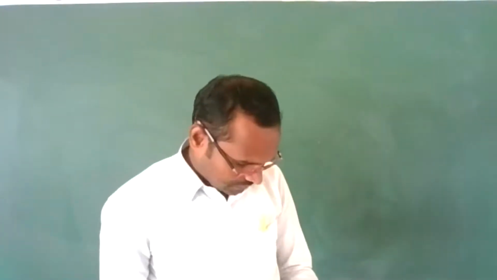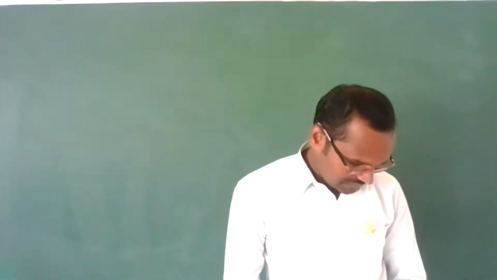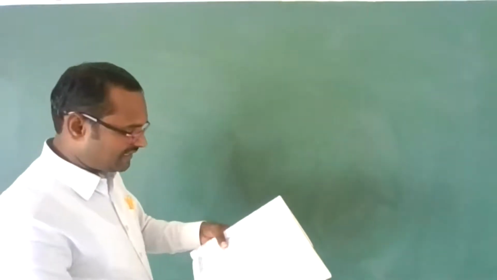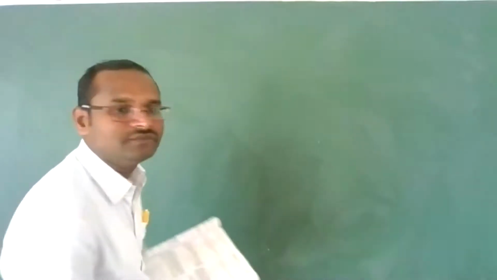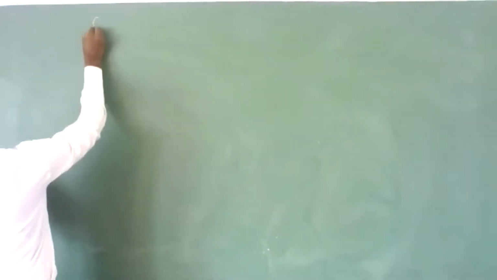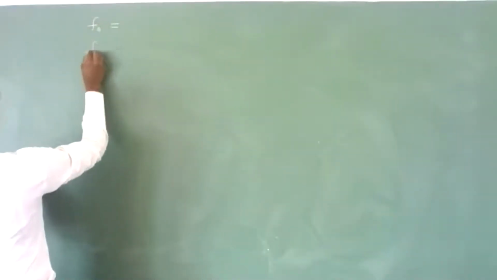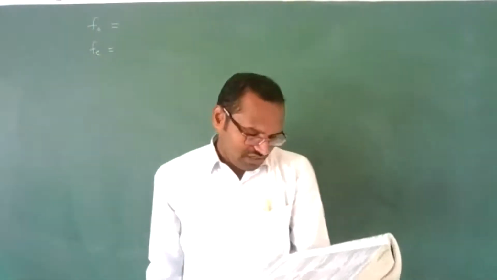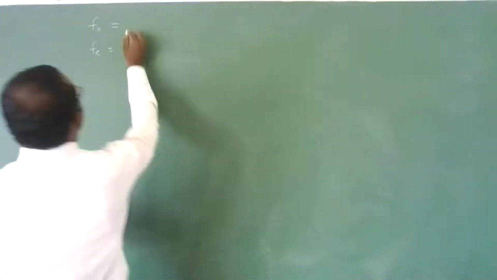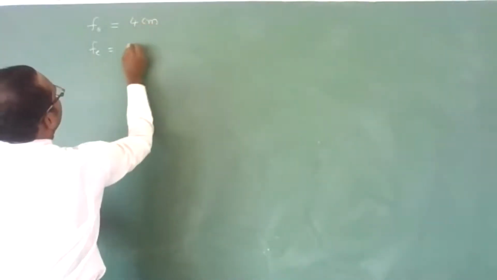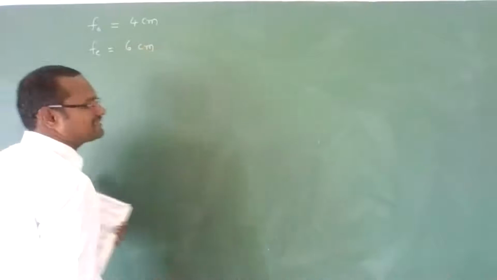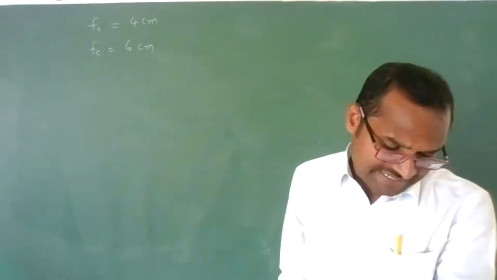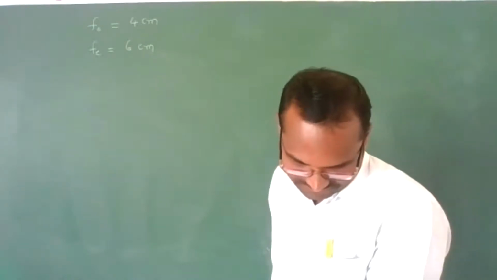Okay. Now, what I am taking is: the focal lengths of the objective lens and eyepiece lens of a compound microscope are given as 4 centimeter and 6 centimeter.